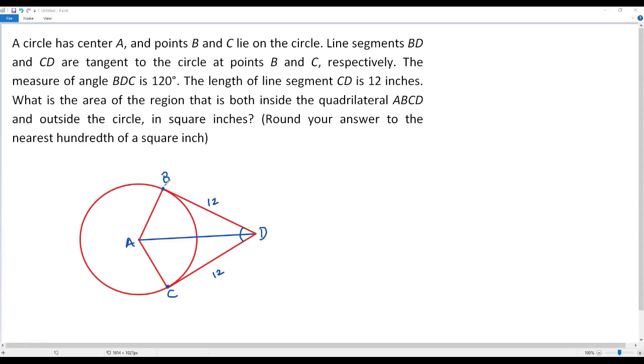At the point of tangency, the angle between the radius and tangent is always a right angle.